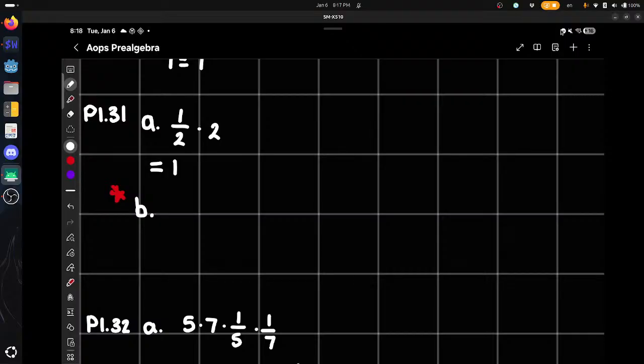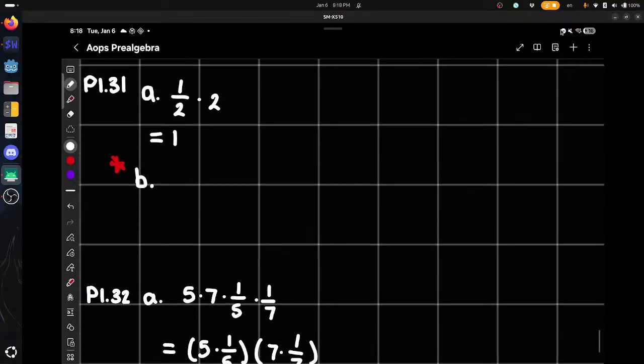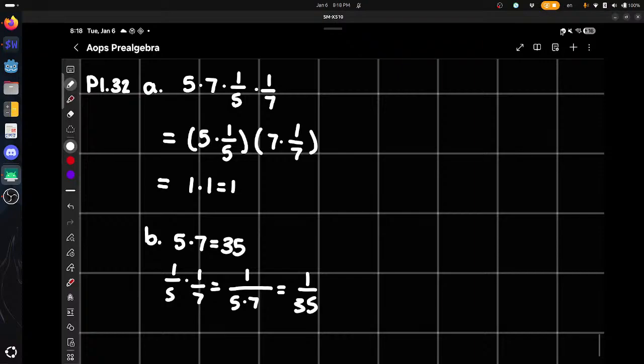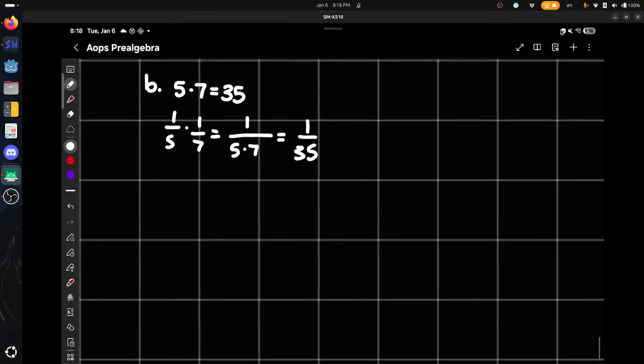I wonder if that helps with 31. I don't think it does. Okay, problem 33. What is the product of negation 8 and the negation of 1/8?